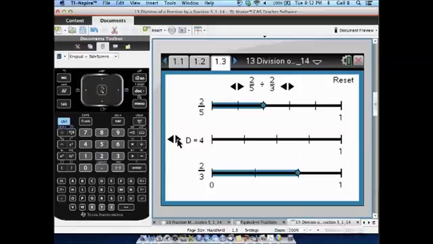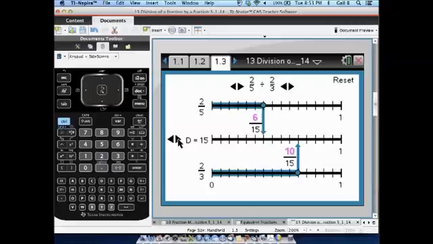So what I'm going to do is generate different partitions and see how they relate to my original fractions, and continue until I get to something that has a common denominator.